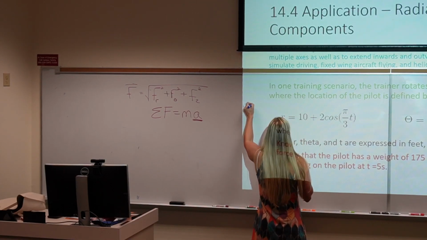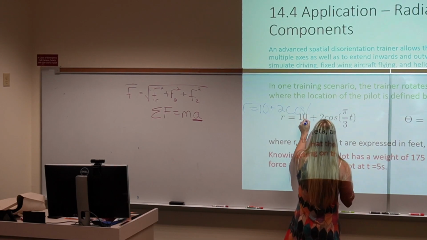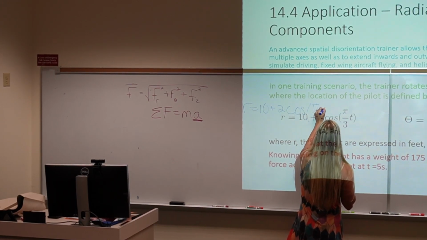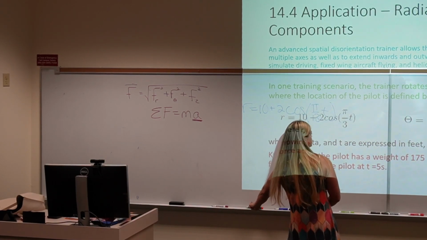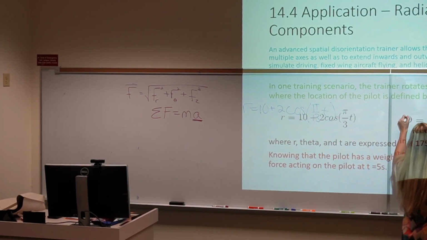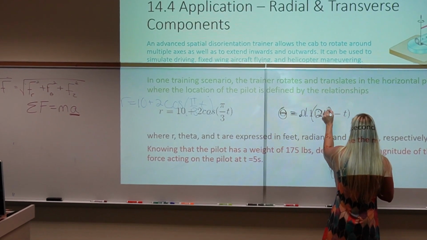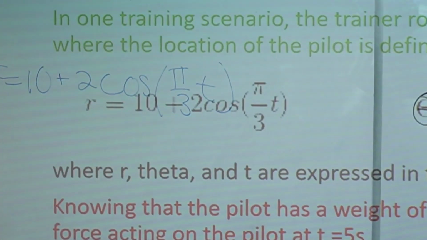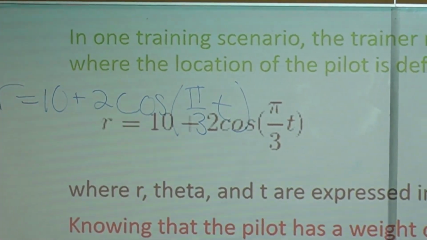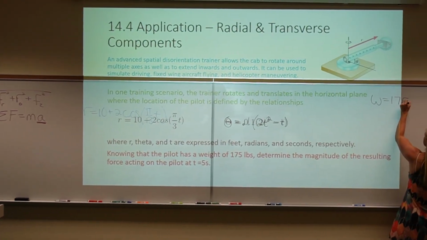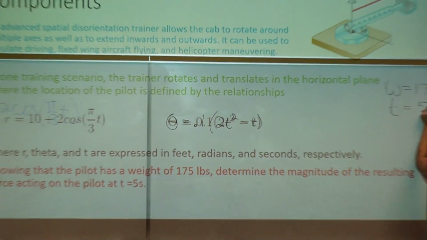So we have that r equals 10 plus 2 cosine of pi divided by 3 times t. And theta equals 0.1 times 2t squared minus t. We are also given a weight of 175 pounds, and we want to evaluate everything at a time of 5 seconds.